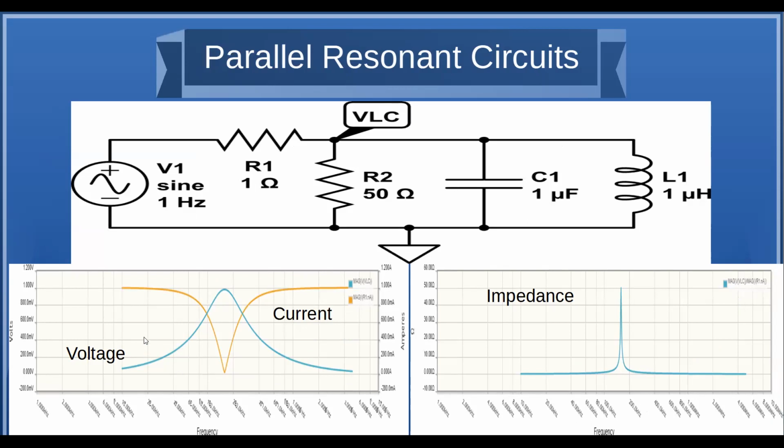Okay, if it's a parallel circuit and we plot the voltage and the current, when we get to resonance, the voltage is going to go from essentially 0 up to its maximum.